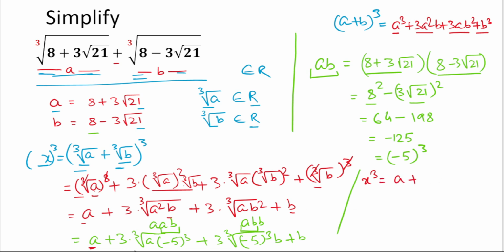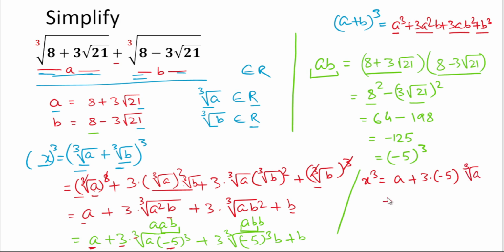Plus, now if we look at this expression carefully, here we have 3, we'll write 3 as it is, times, here we'll take this negative 5 cube, and as we have a cube root, negative 5 will come outside, so negative 5, and in the cube root we will have only a, so cube root a.